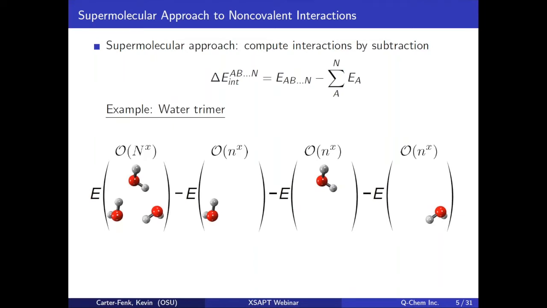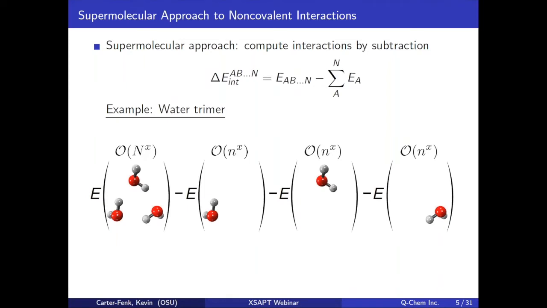So one problem with the supermolecular approach that's commonly encountered is that this calculation treats the monomer energy calculations on a different footing in terms of the basis set that's applied than the total energy calculation of the system.